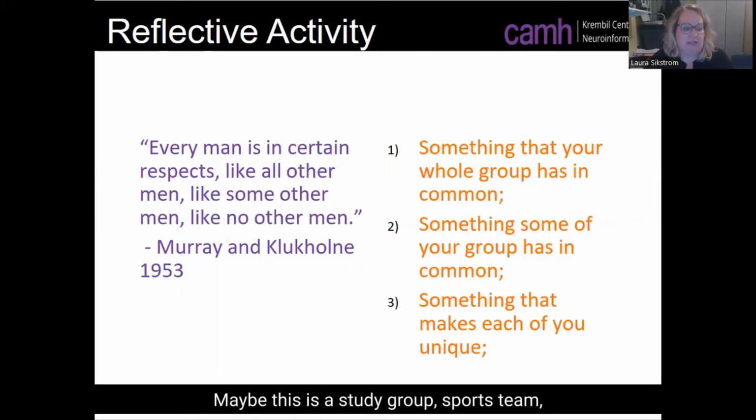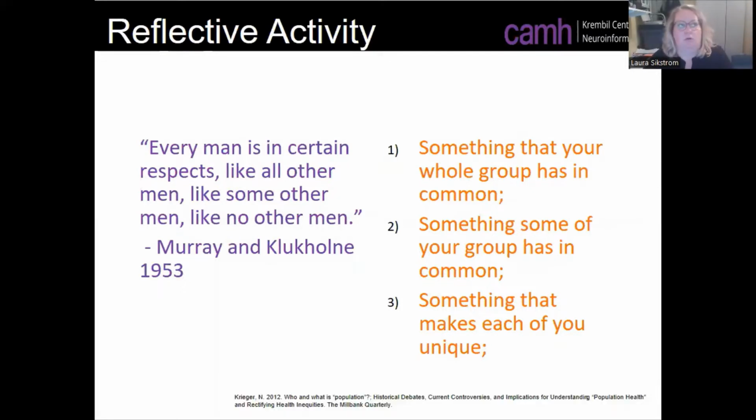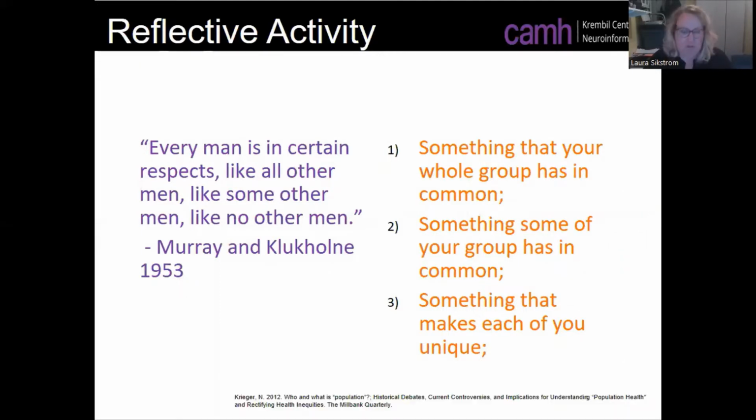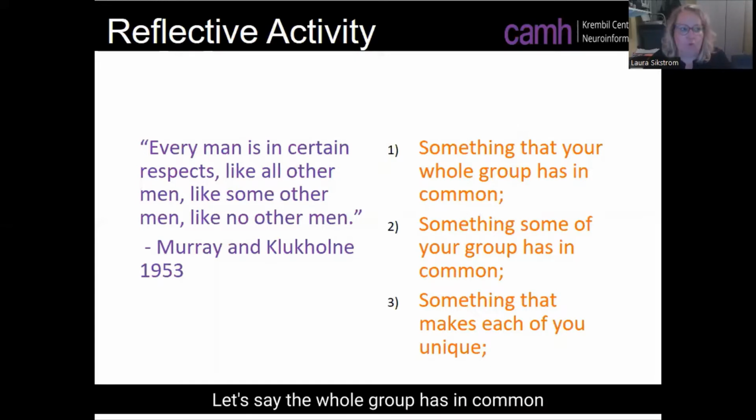Maybe this is a study group, a sports team, a choir, an old group of friends that you went to high school with. Think about something that that whole group has in common. Let's take a soccer team. Let's say that whole group has in common a love of soccer.